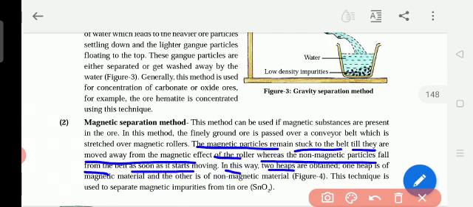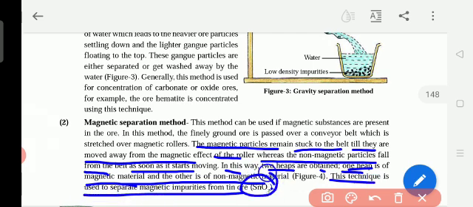In this way, two heaps are obtained. One heap is of magnetic material. Heap means like a pile; in the market they keep separate piles, 10 rupees of chilli separate, and 10 rupees of chilli separate. The other heap is the non-magnetic material. This technique is used to separate tin ore.